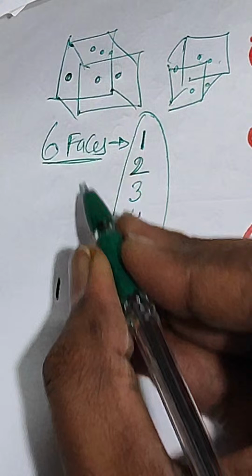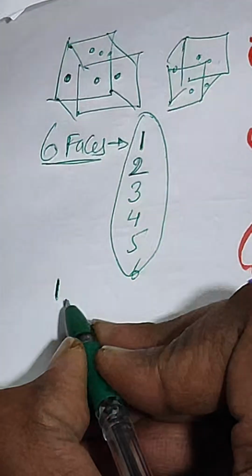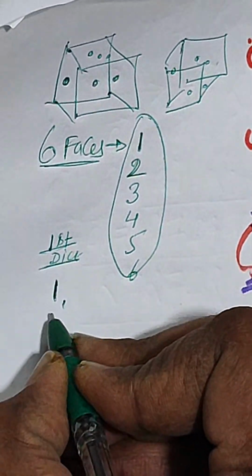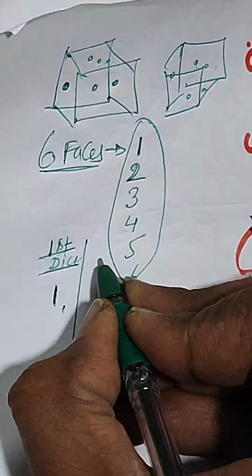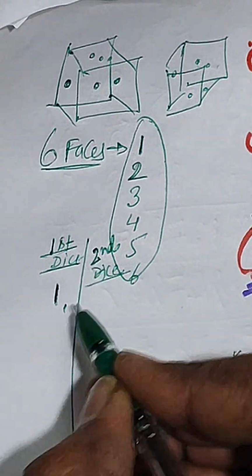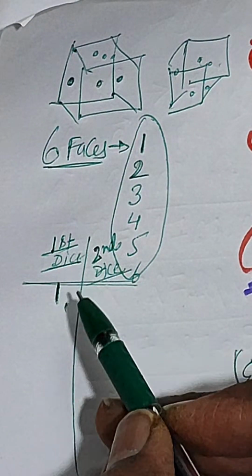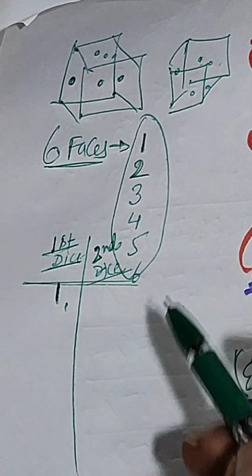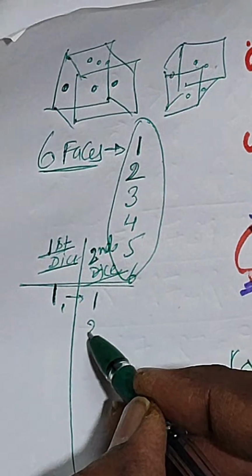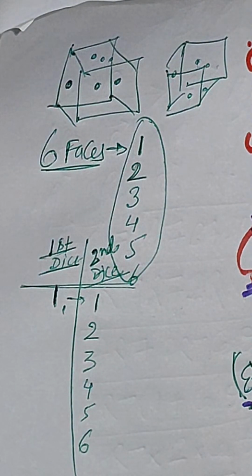When 1 is coming into the first dice, then what is the probability that the other dice, for first dice these numbers are coming, and for the second dice, I'm just making a table so that you can easily understand. First dice is, suppose 1 is coming into that, then what can be the chance for the second dice? It can be 1, it can be 2, it can be 3, it can be 4, it can be 5, it can be 6, right?